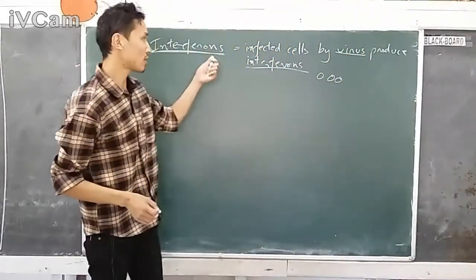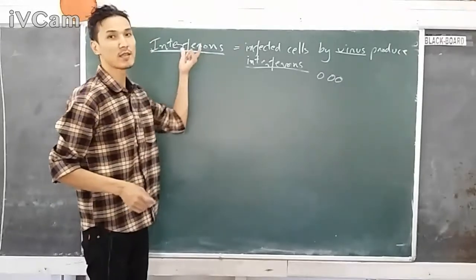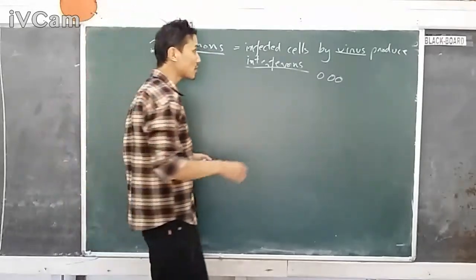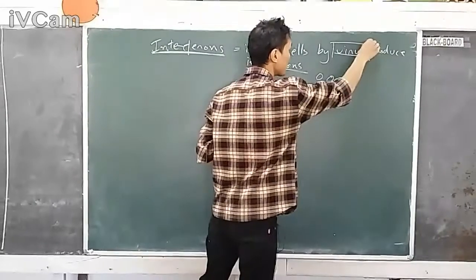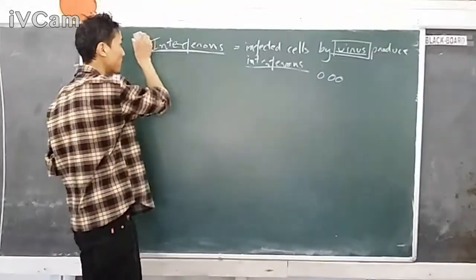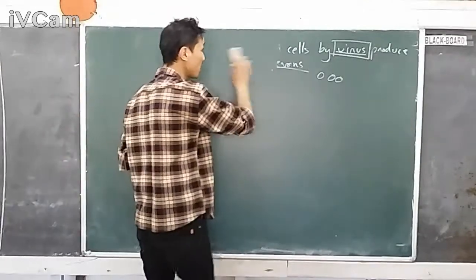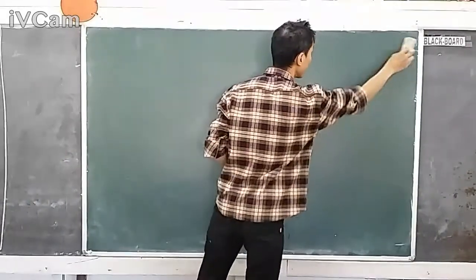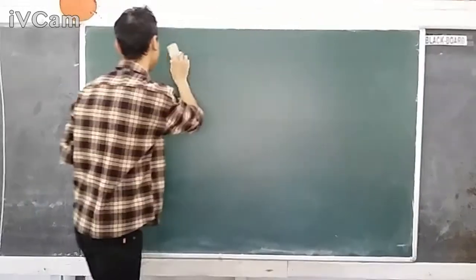So interferons are not already produced, but rather they get produced only once the cells are infected by the virus. So interferons are a very important group of compounds which help in providing immunity against viruses.